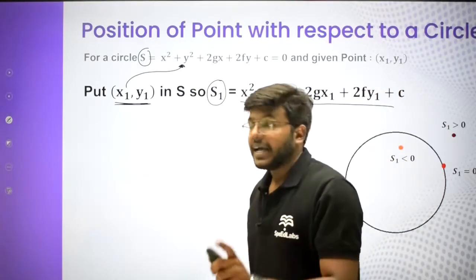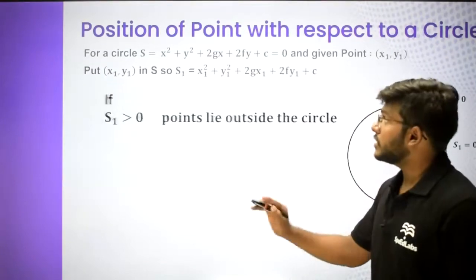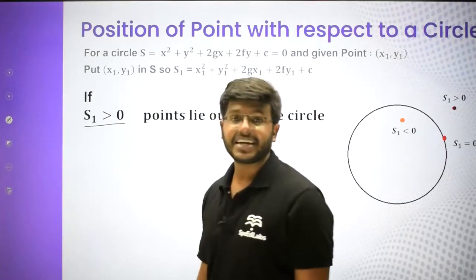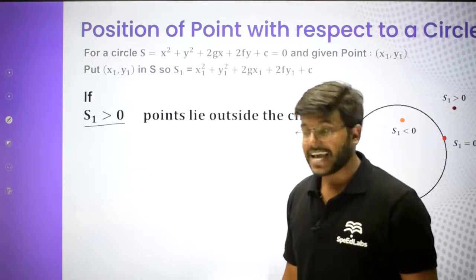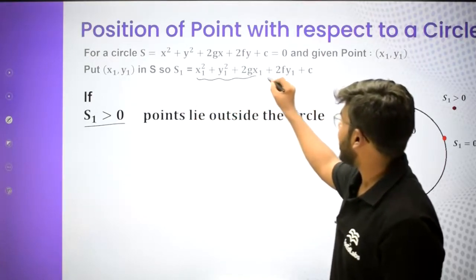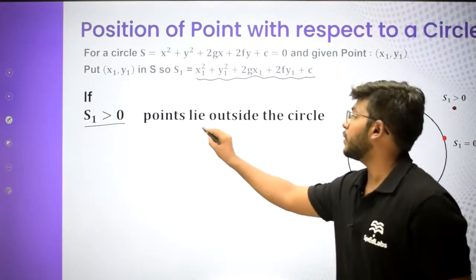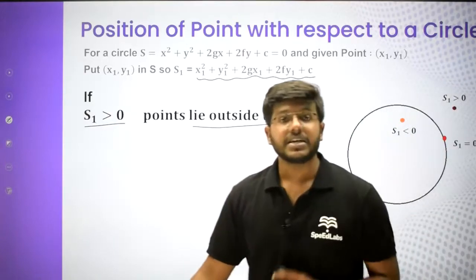Now guys, what is the concept of position of a point? So we say if S1 is greater than 0, ठीक है, S1 मतलब इस एक्सप्रेशन का वैल्यू अगर पॉजिटिव आता है, so what we say, the point will lie outside the circle.